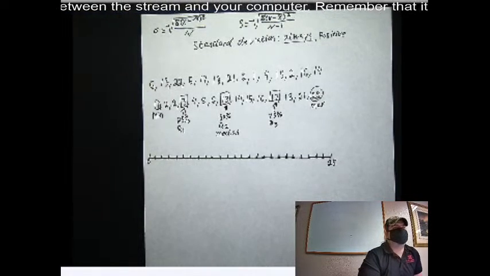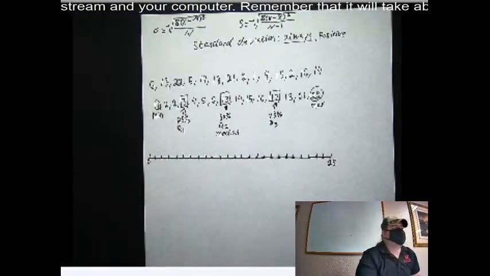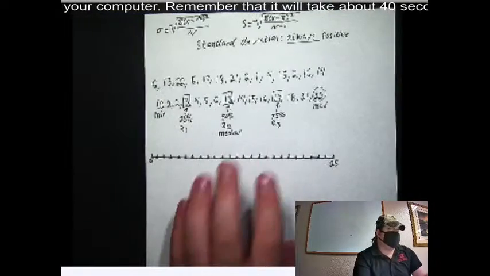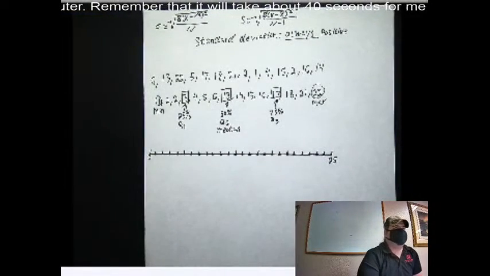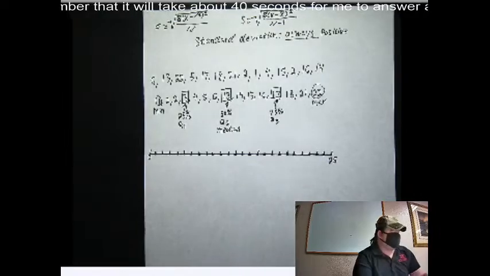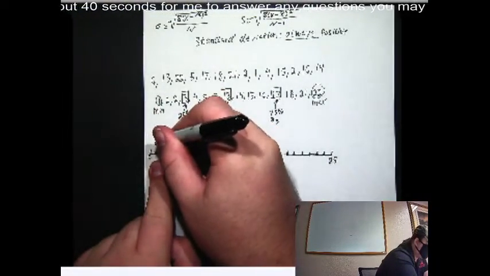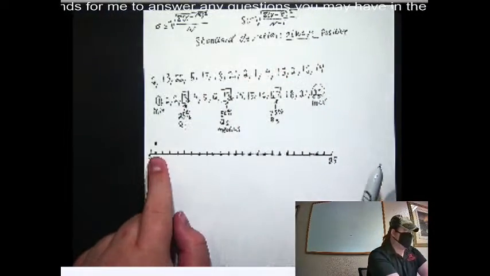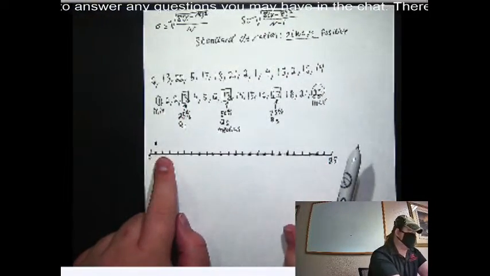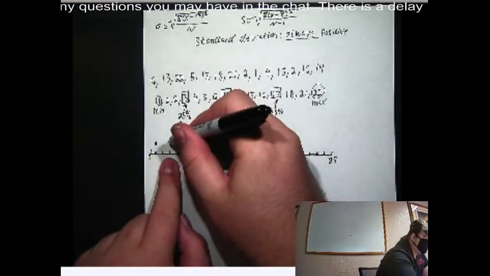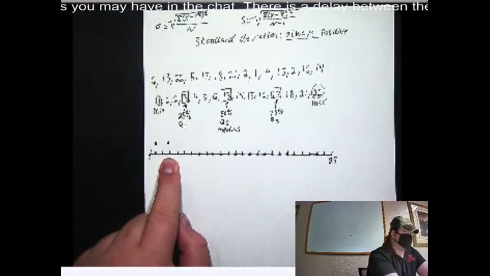And so what we want to do is we want to plot all of our 5 numbers in our 5-number summary into our number line. So, starting with 1, here's 1. Keep going. Our next number is 3, so 3 is right there. Next one is 13.